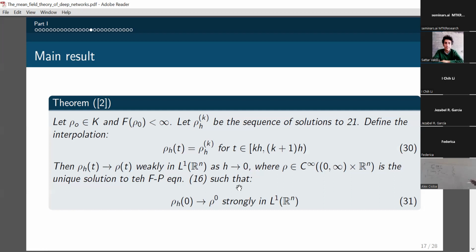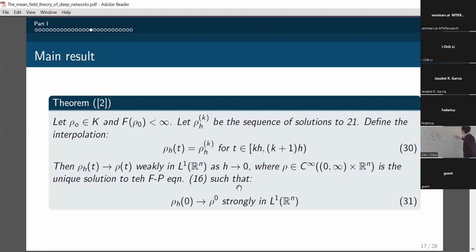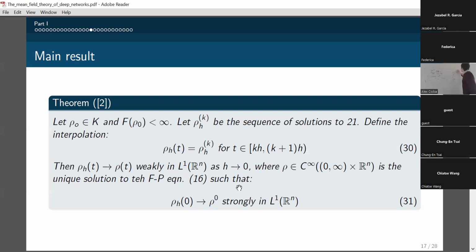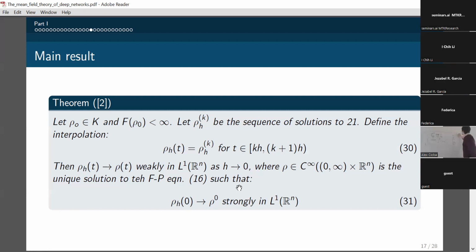So, well, both. The idea is that at each iteration, this is a distribution on R^n, let's say.